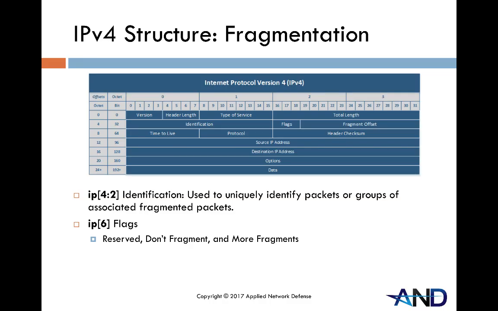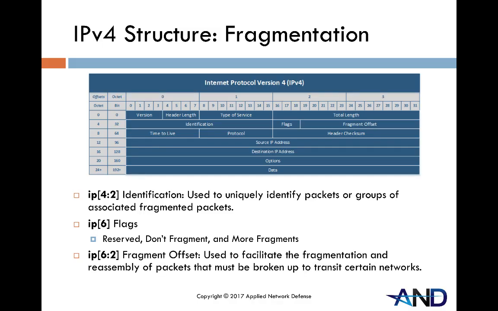We have the don't fragment flag, which when set will instruct devices receiving packets not to fragment them under any circumstance, and we'll show an example of that later. And then we have the more fragments flag, which is used to indicate to a receiving host that this packet is followed by more fragments that are part of the same larger packet that should be reassembled. So we have those each individual 1-bit flags, either a 1 or a 0, they're set or they're not.